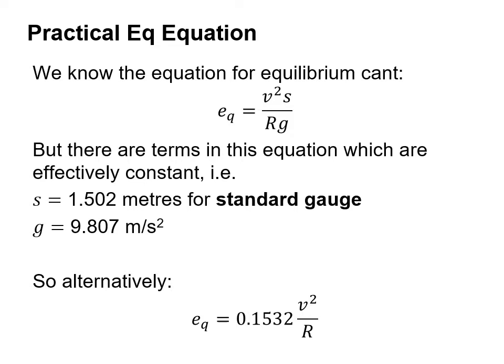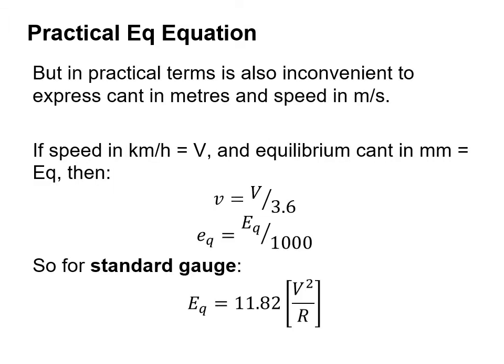So we can rewrite this equation as 0.1532 multiplied by the velocity squared divided by the radius. So in practical terms, it's also a little bit inconvenient to express cant in meters and speed in meters per second. So if the speed is in kilometers per hour and the equilibrium cant is in millimeters, then for standard gauge we can use the term shown.